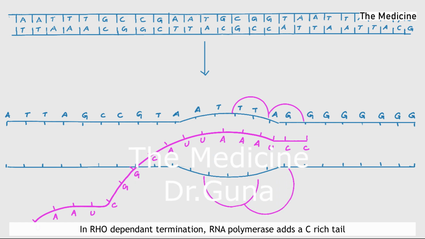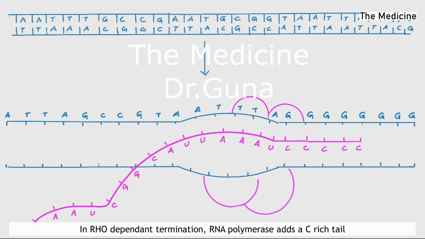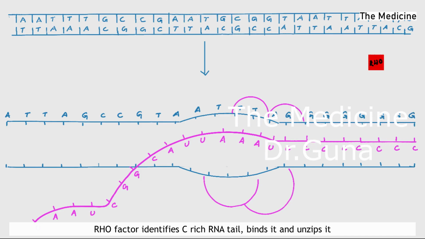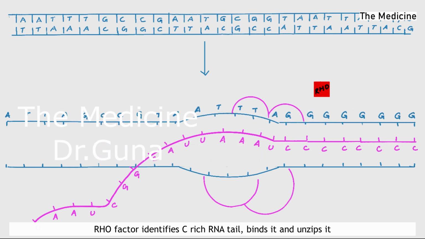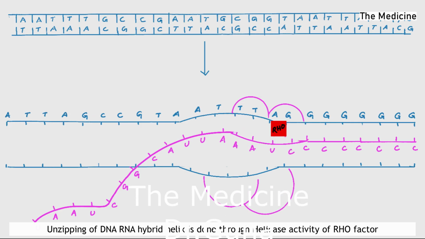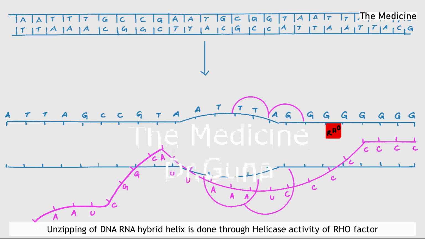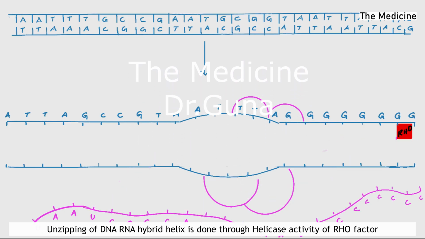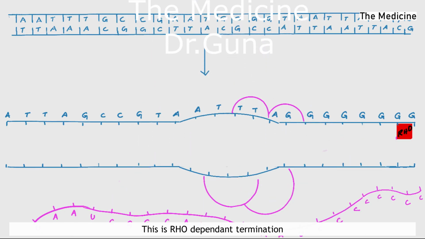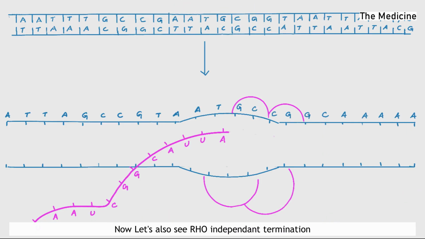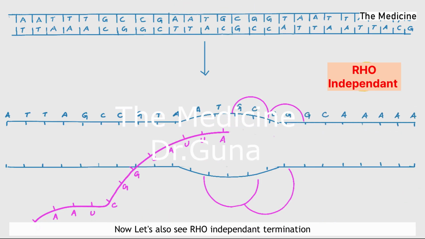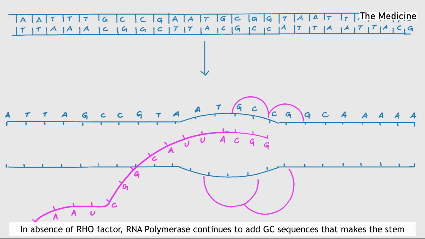In rho-dependent termination, RNA polymerase adds a C-rich tail. Rho factor identifies C-rich RNA tail, binds it and unzips it. Unzipping of DNA-RNA hybrid helix is done through helicase activity of rho factor. This is rho-dependent termination.